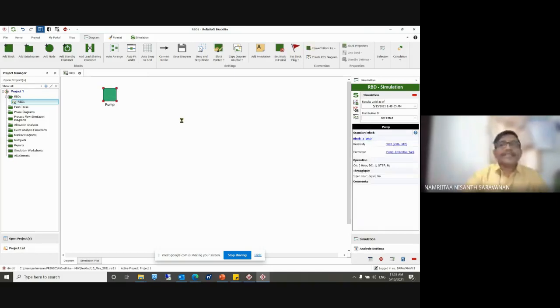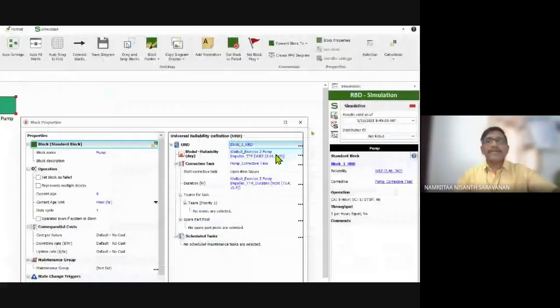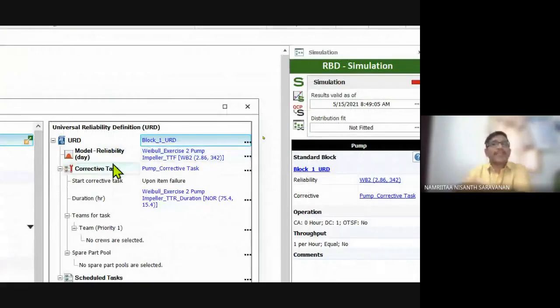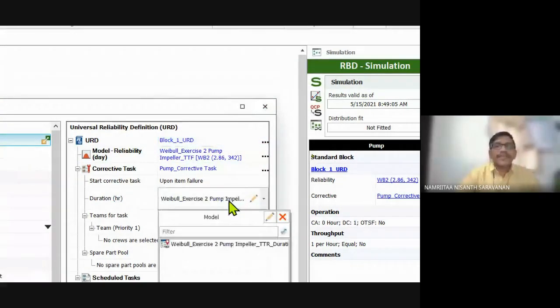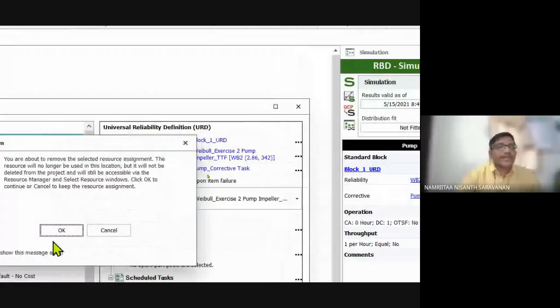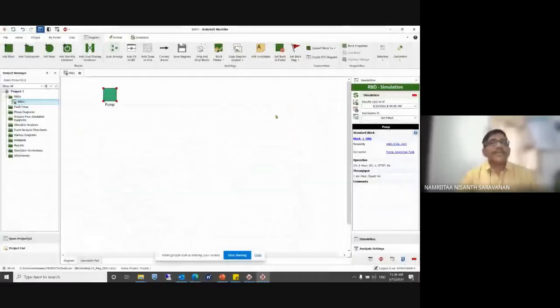I have given inside it the value of the reliability. If you can see here, the reliability model — model means mathematical model — follows a variable distribution with the beta data, and there is a corrective maintenance. Let me show you now without that corrective maintenance. I have a pump here.